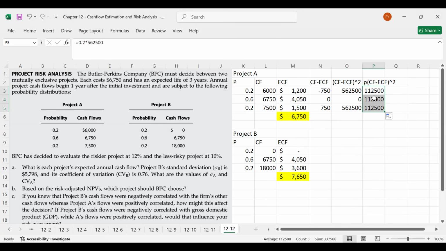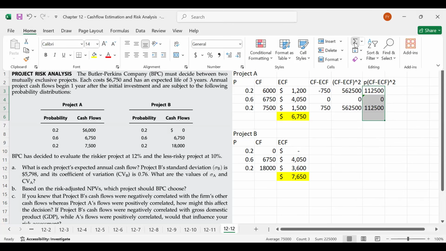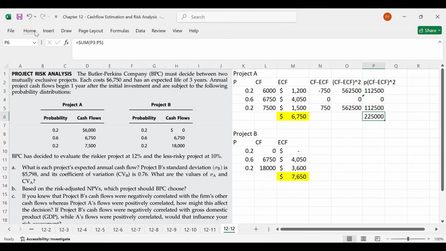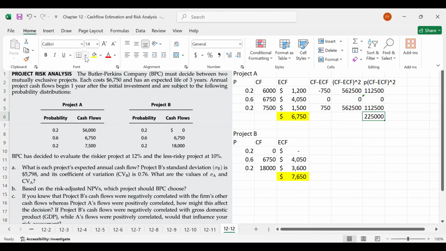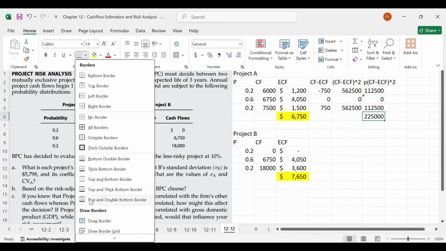Here you can see the probability is 0.6, and this amount is 0. And then the next case probability is again the same, whereas the amount is the same. So when we add these, the next step is to add these amounts. So here we are going to calculate the standard deviation of this amount.